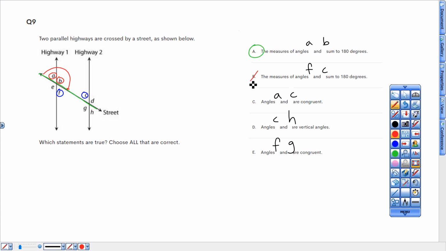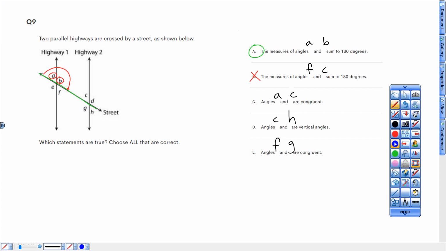If I wanted an angle in there to add to F or C to get that 180, I would have to look at maybe like angle F and then add that to angle G to get 180, or maybe angle F and E to get 180, but definitely not F and C. All right, next one has me compare A and C. Where is that?